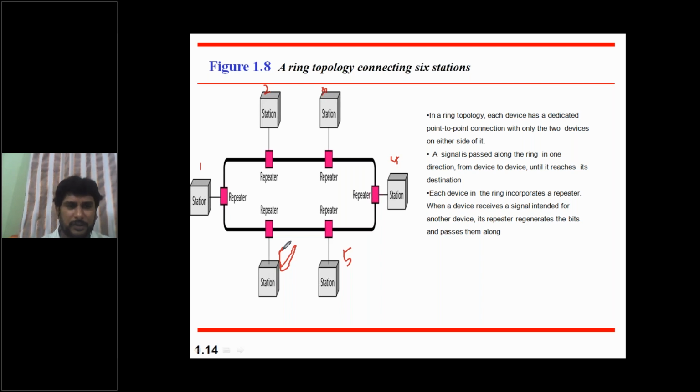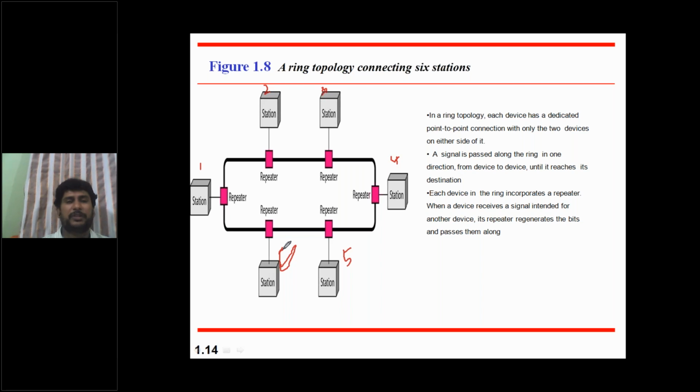So what happens? Station 1 will be transmitting the data to station 2, but the destination is station 4. Station 2 looks at the destination address, finds it is not 2, so it has to forward the data to 3, because it actually received it from 1. Before 2 transmits the data to station 3, it has a device called a repeater, which regenerates the data and then transmits it.